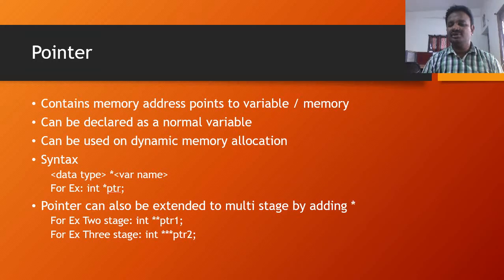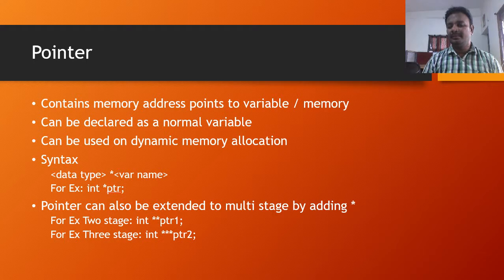The syntax for defining a pointer is data type, then star, then variable name basically. Here we have integer star pointer, for example. And a pointer can also be extended to multiple levels by adding stars.